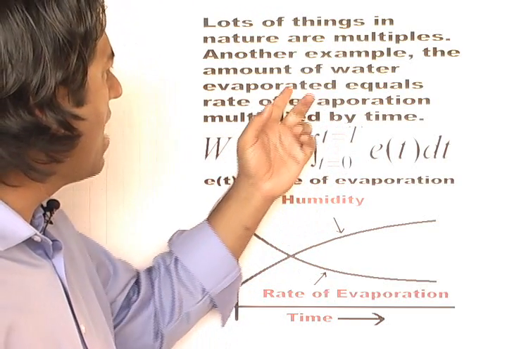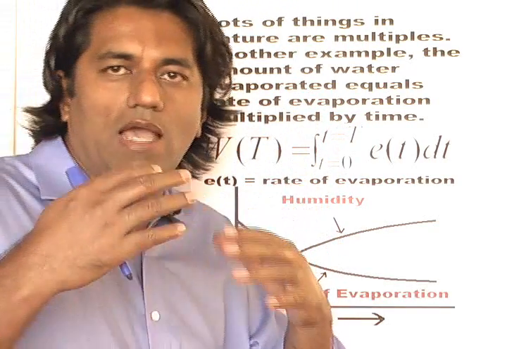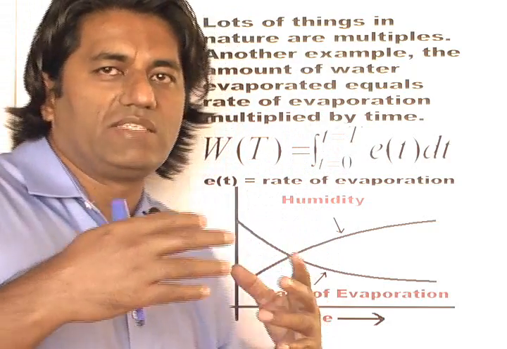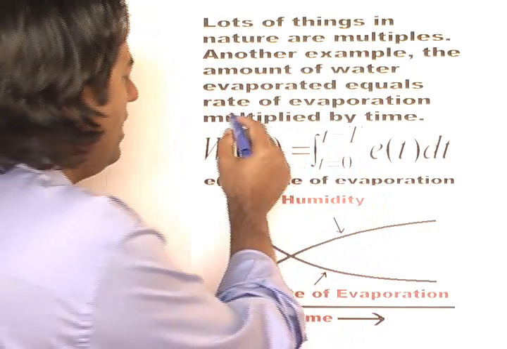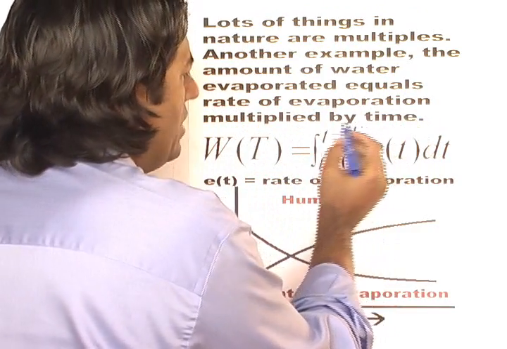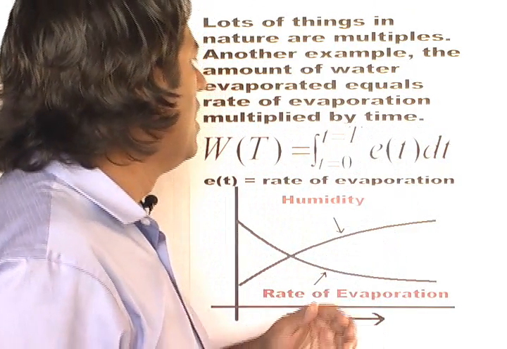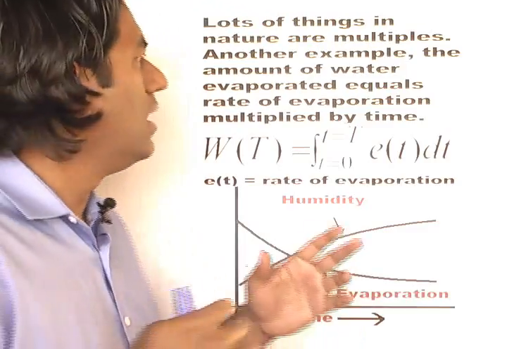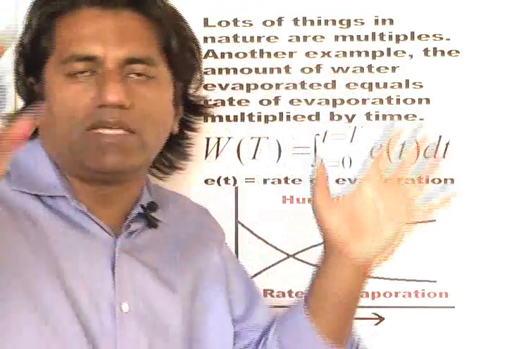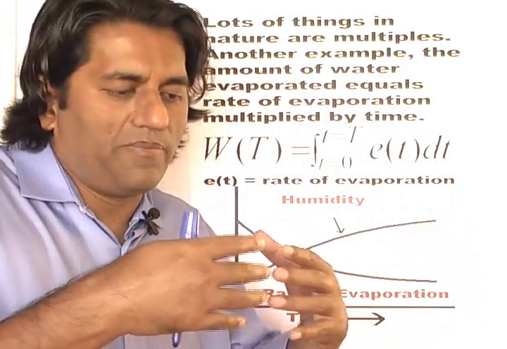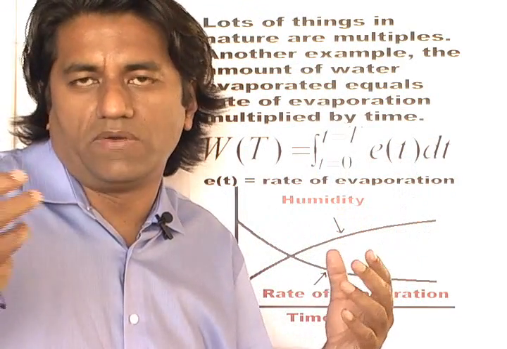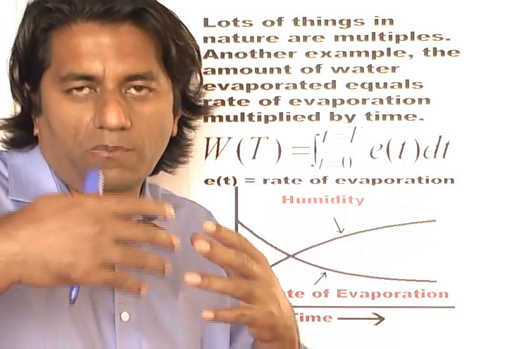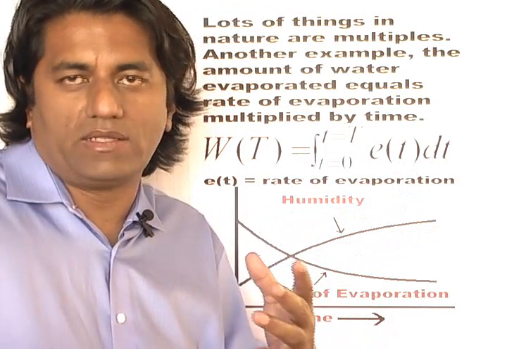Here we have the amount of water which has evaporated, let's say from a container, equals the rate of evaporation multiplied by time. If you are in a room, as water evaporates, the humidity of the room will increase, which will impact the rate of evaporation.